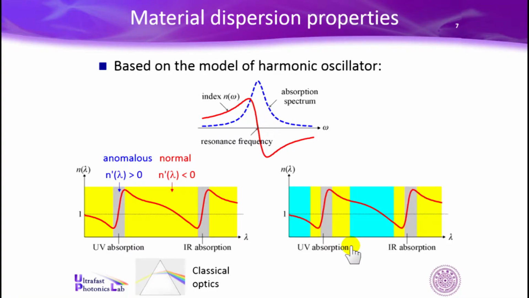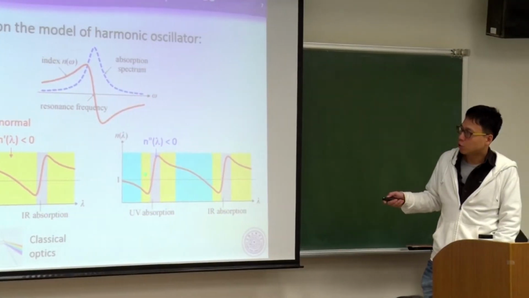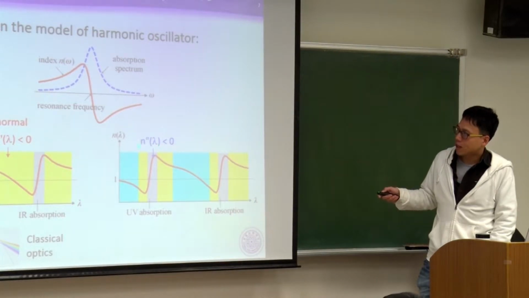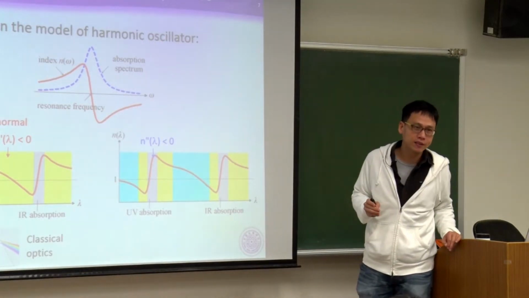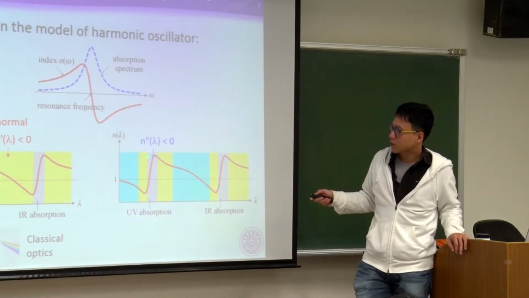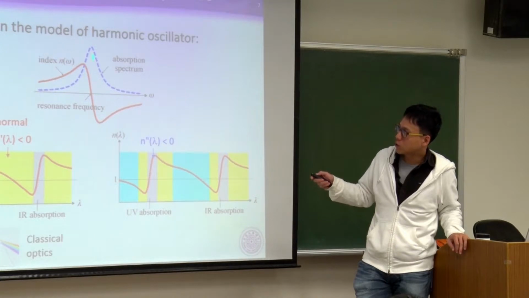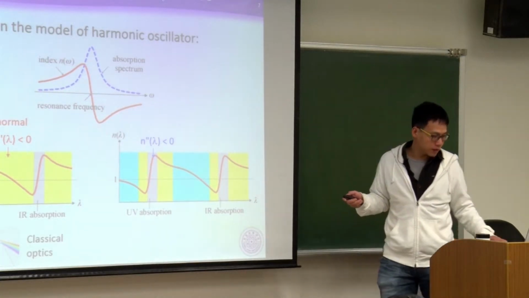But the same curve can be divided differently if we use a different definition. For example, here, in the gray area, the second order derivative is negative, so it means a convex function. This is still around the absorption peak, so this is still anomalous dispersion.